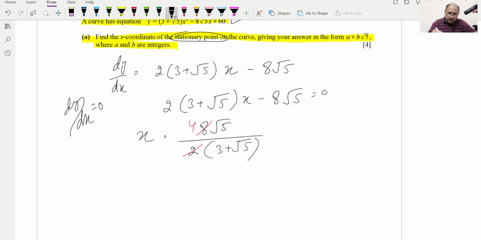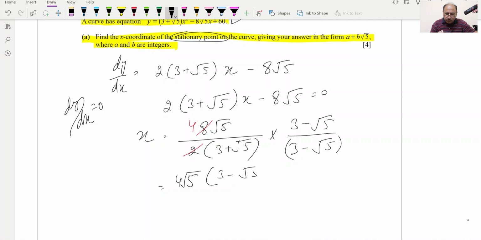To rationalize this one, we can multiply and divide by the opposite sign of this one, so we will multiply by 3 minus root 5 over 3 minus root 5, and in the numerator we will get 4 root 5 into 3 minus root 5 over, in the denominator, a plus b. We can write here the formula, so a plus b into a minus b is equal to a squared minus b squared.